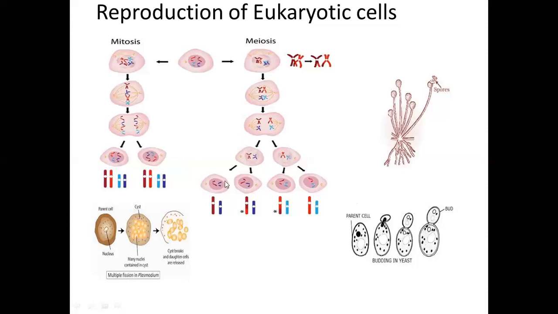We are going to look at these in more detail when we look at cell division, where we will look at mitosis and meiosis as well. So that's sexual reproduction, that's asexual reproduction. And those are the functions and structures of the organelles.